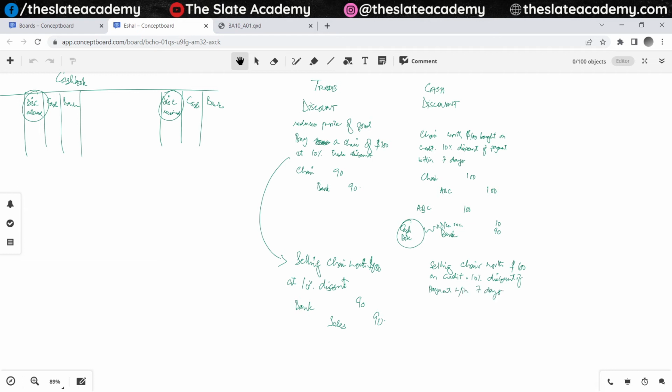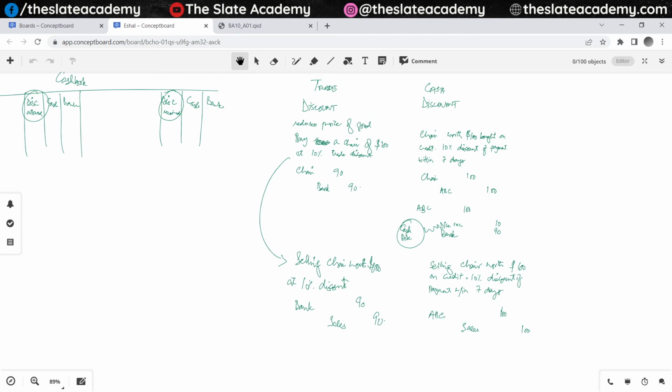Initially I'll have bank debit, sales credit, how much? 90, sorry, 100, the full amount. Actually, bank debit won't happen, it was a credit sale, so ABC would be debited.